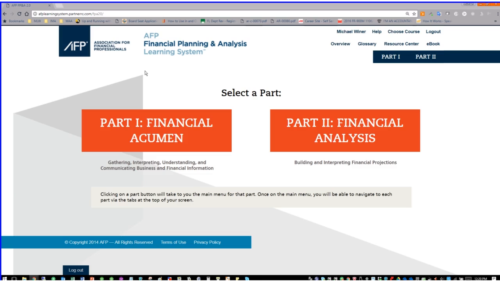Instructors have different access; we get at the information a little differently than students. But I believe this is what you see when you log into the learning system for FP&A. And it being end of course, you're probably well familiar with the structure, and you've been using this to get to the various online requirements.